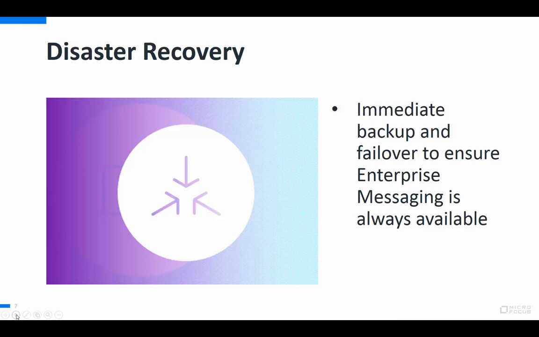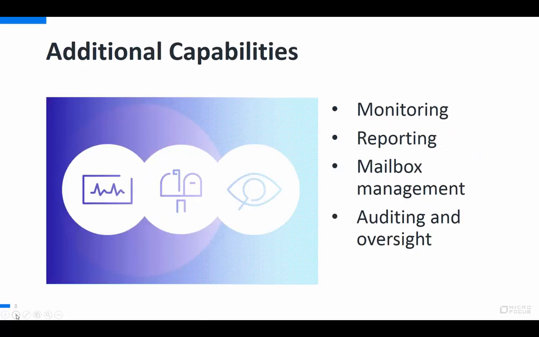So if your system were ever to go down, this system will serve as your messaging system as you're getting the live system back up. That makes sure that your enterprise messaging system is always up. We know how critical email can be to an organization, so we have provided a solution so that you can make sure that your system is always up and running.